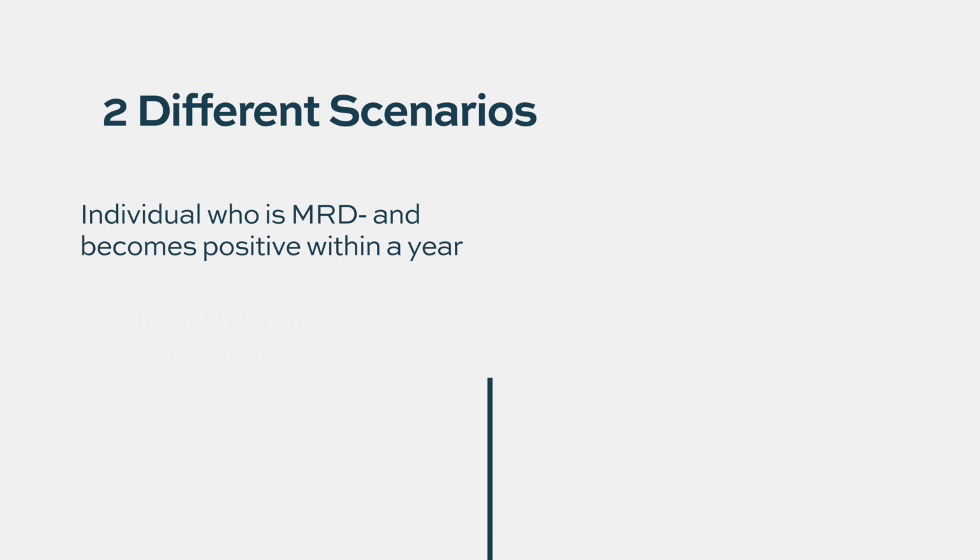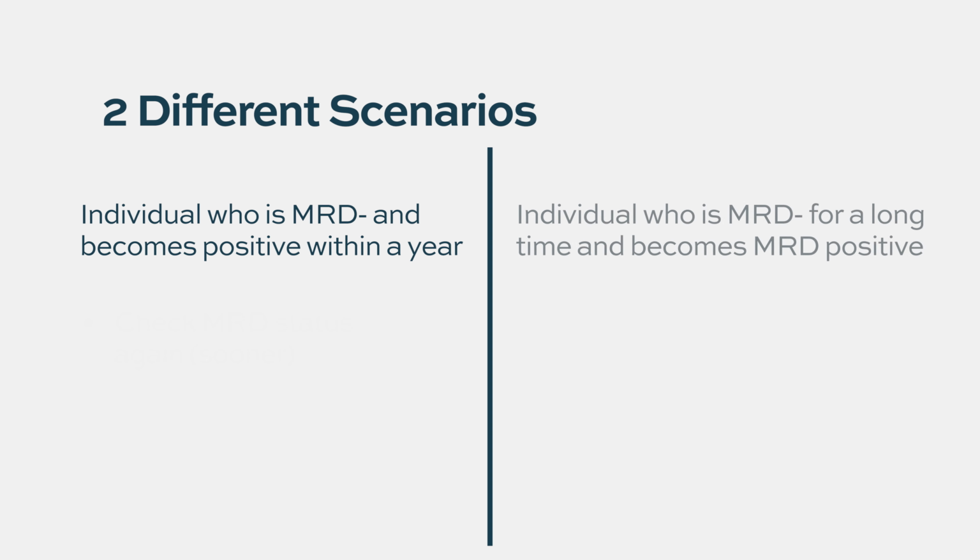We do not yet have enough information to counsel patients. My clinical experience, based on currently available literature and my own daily practice, is that an individual who loses MRD negative status during the first year is a different situation versus a person who has been negative for a long time, where there could be some borderline positivity.